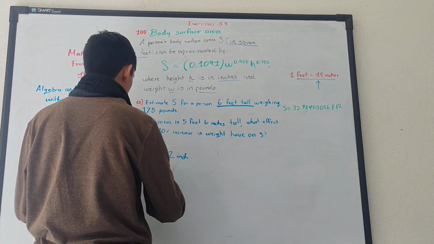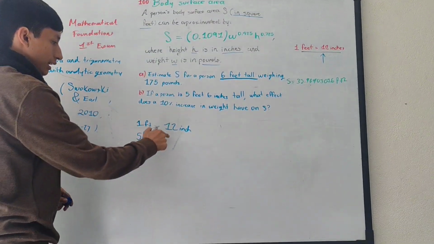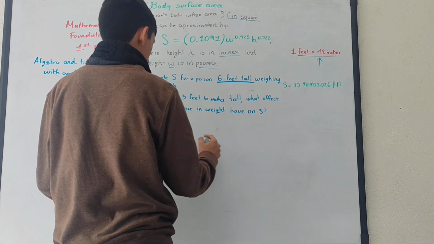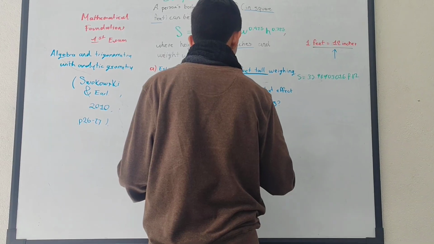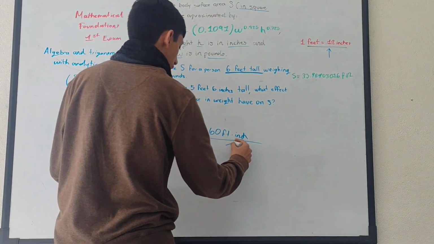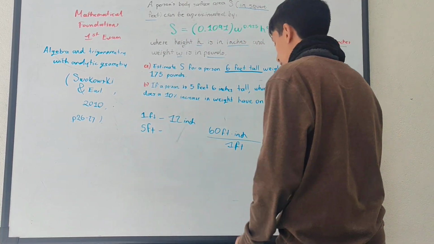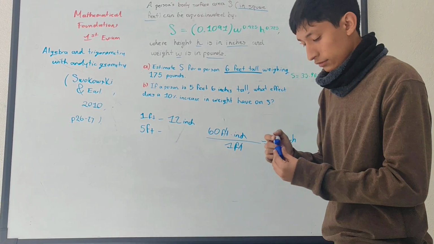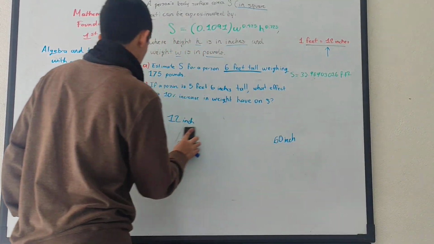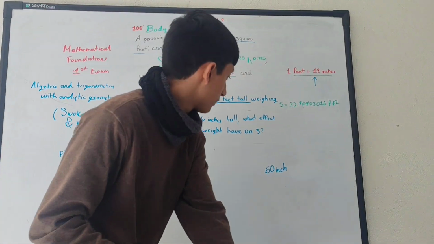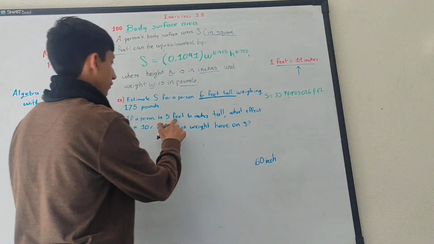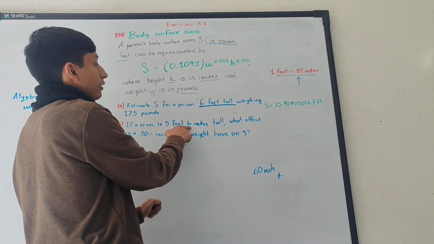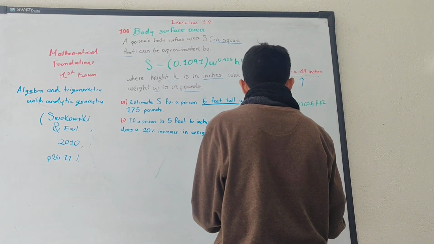So 5 feet should be equal to 5 times 12, and this is 60 inches. And this person is 5 feet, so 60 inches, plus the other 6 inches that we were missing.